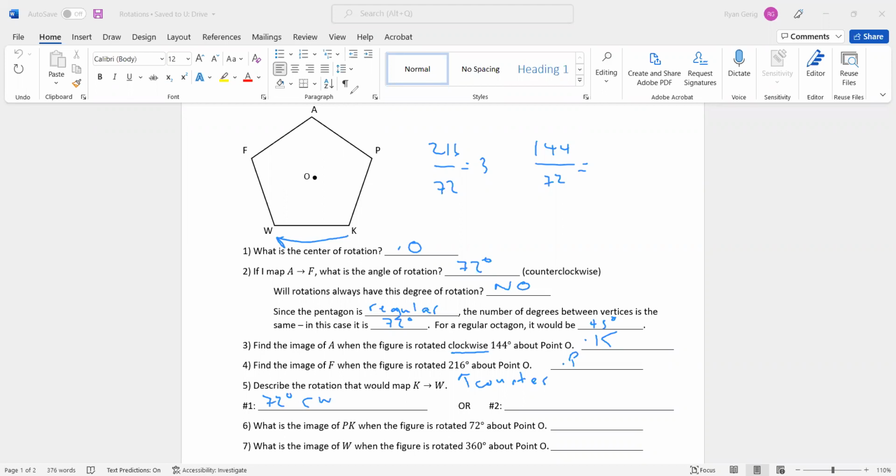The other way you could go from K to W is 1, 2, 3, 4 steps counterclockwise. Well, what's 4 steps? 1 step is 72 degrees, times 4. I get 288 degrees counterclockwise.